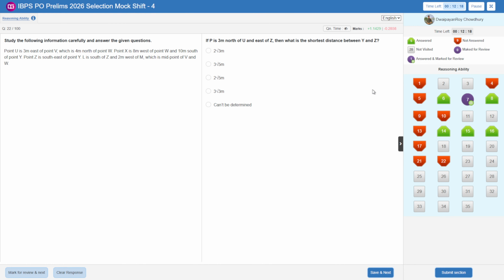East of Z. Okay. I think I've done something wrong. V and W is midpoint, right? Just 10 meter to the south of Y. Z is to the southeast of Y. L is to the south of Z and 2 meter west of M. So L is 2 meter west of this.